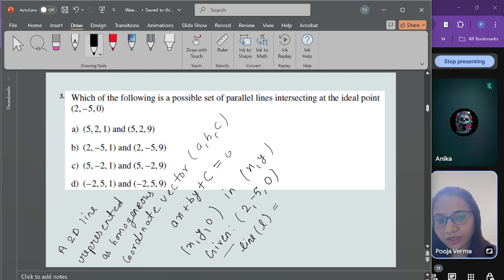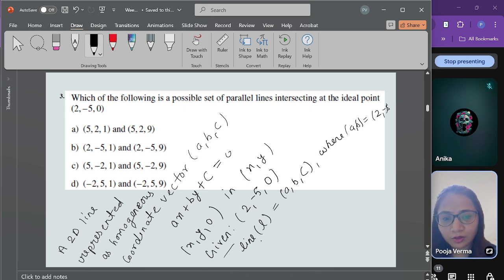here we can say line L, with coefficients A, B, C, where A, B must be equal to 2, -5.